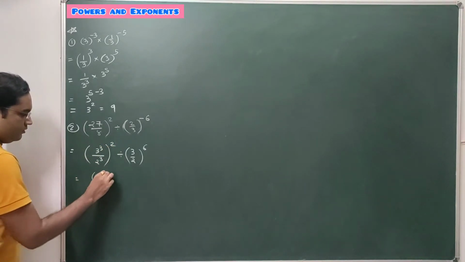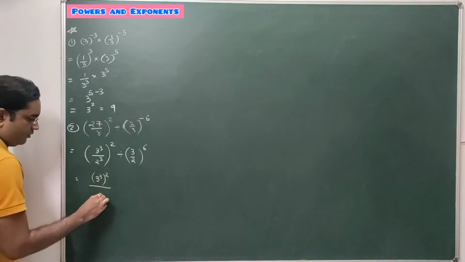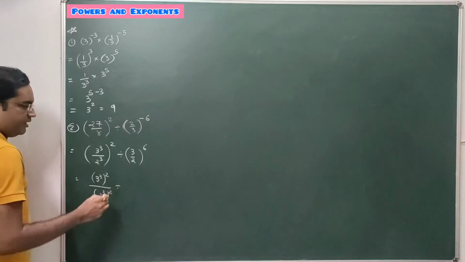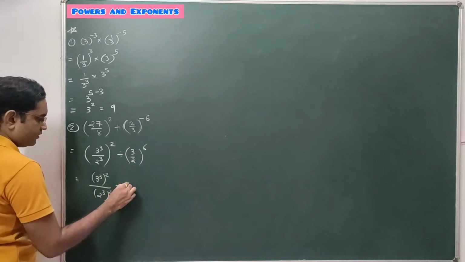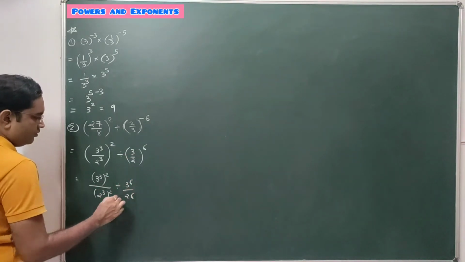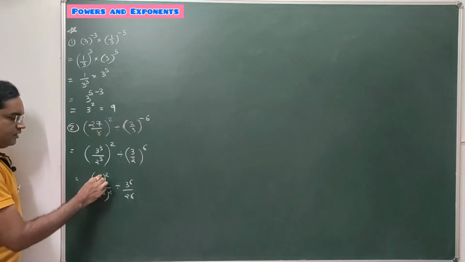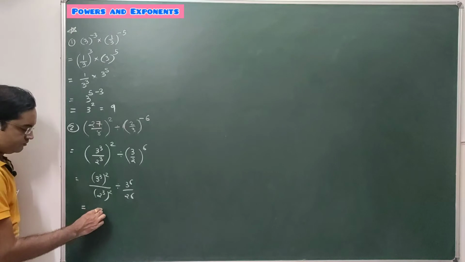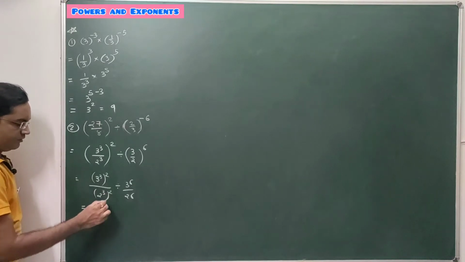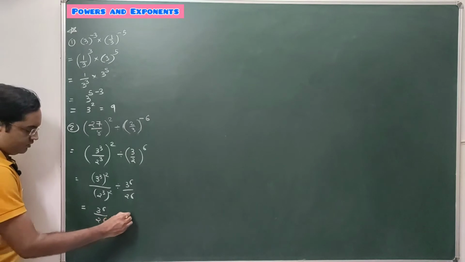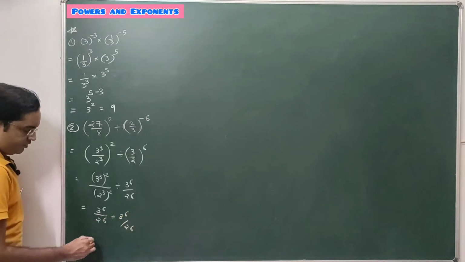So 3 cube raised to 2 upon 2 cube raised to 2 divided by 3 raised to 6 upon 2 raised to 6, that is 3 raised to 6 upon 2 raised to 6 divided by 3 raised to 6 upon 2 raised to 6. Both numerator and denominator are equal.